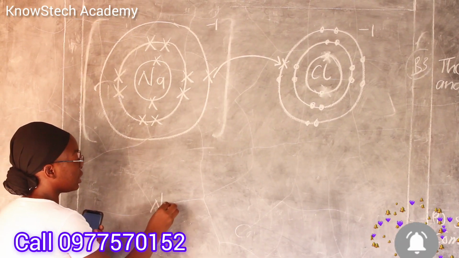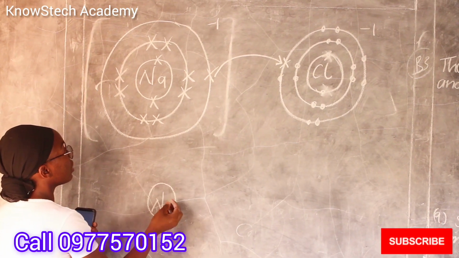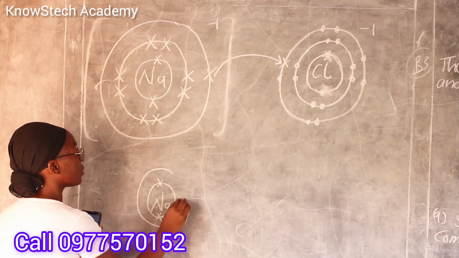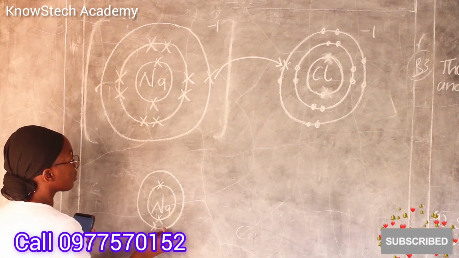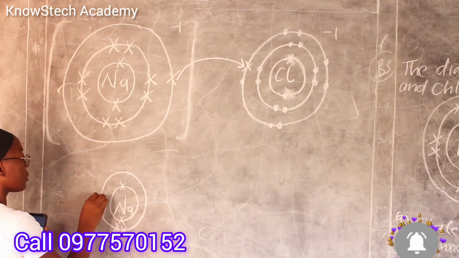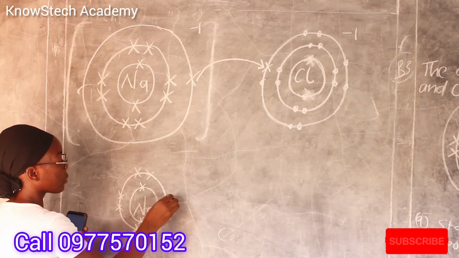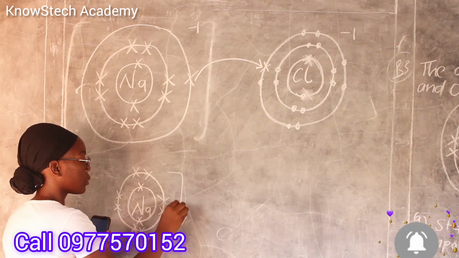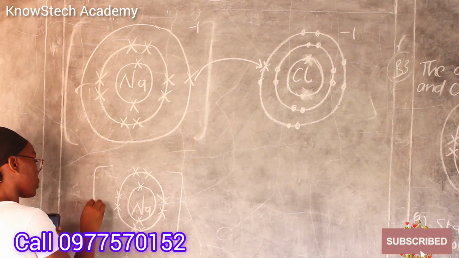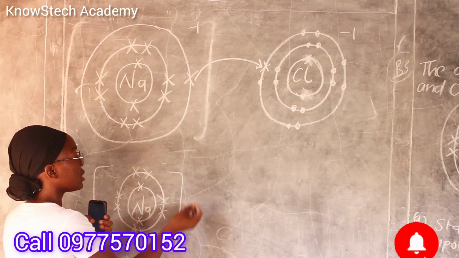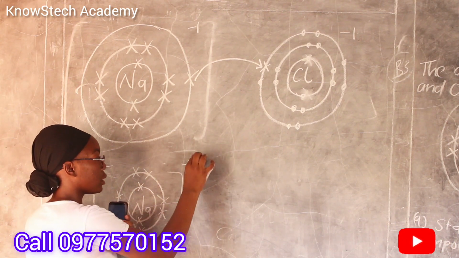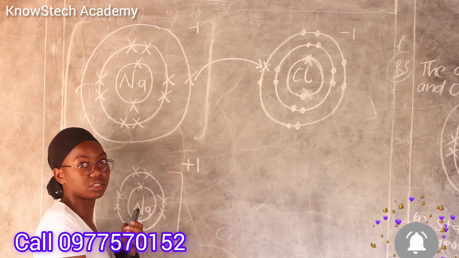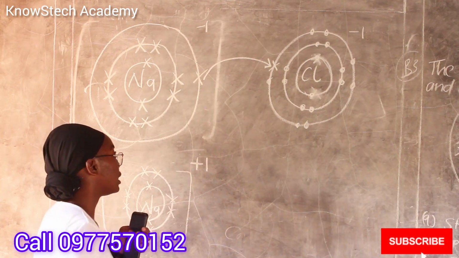We'll write sodium here. So we're supposed to indicate here, or if you want, we can just put the positive sign here. It's still going to show that it has given one electron to chlorine.